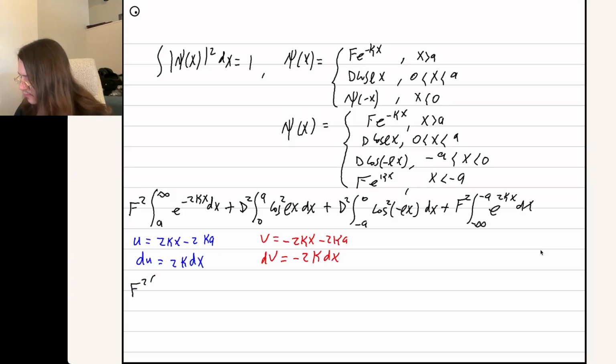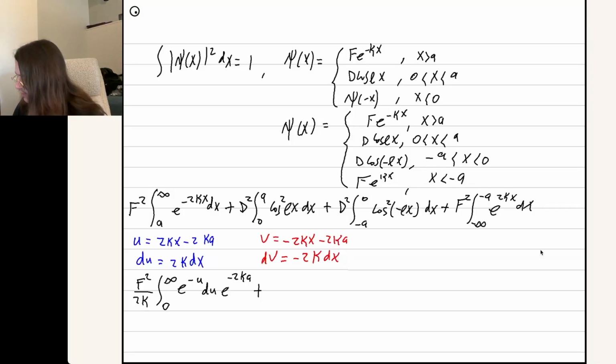And that's going to allow us to write those f squared integrals in a certain way. Namely, we've got f squared over 2 kappa for the first one, right? And that's going to be the integral from a to infinity. Notice if you plug a for x into the definition of u, you get 0. So actually this is 0, and infinity is still infinity. And we have e to the minus u du, but also with an e to the minus 2 kappa a here that's going to be tagging along.